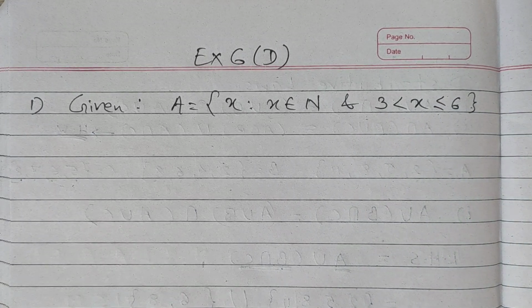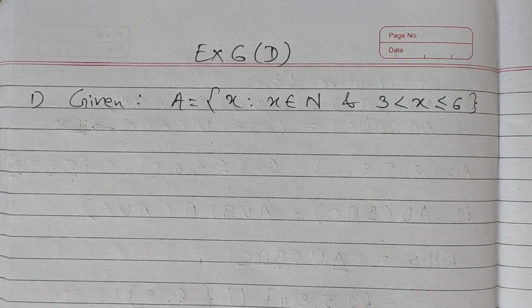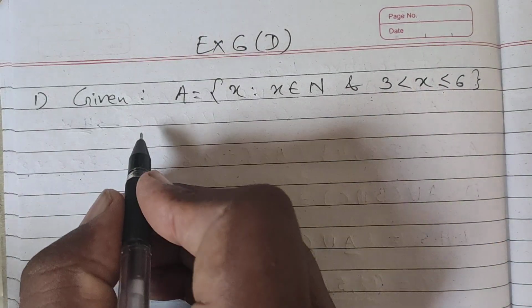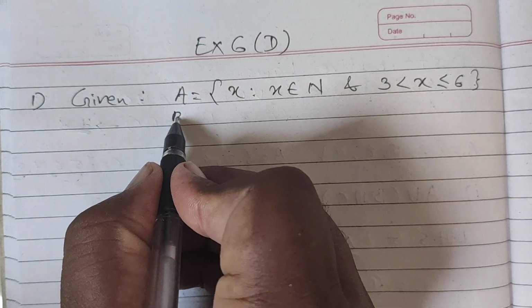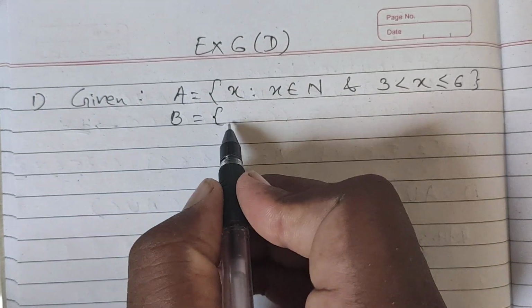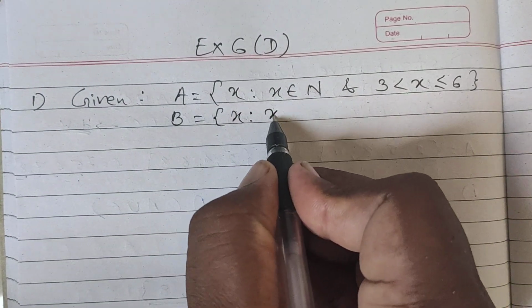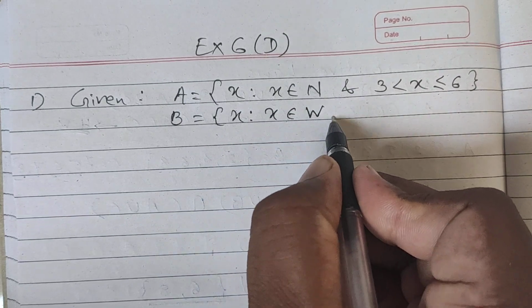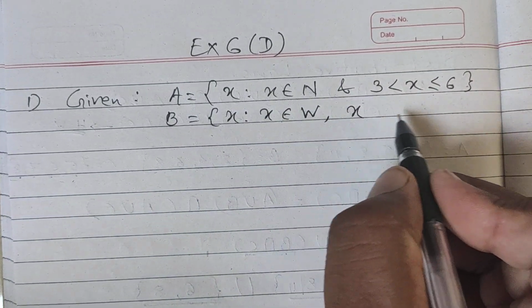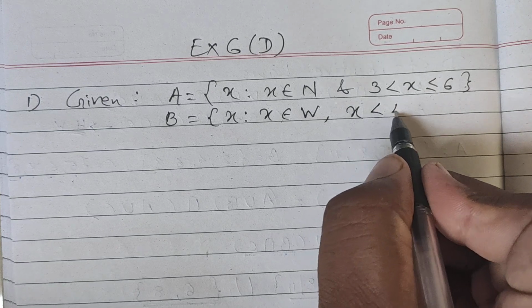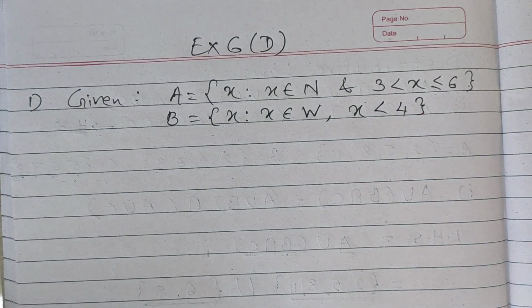This is the value of set A. Then set B is also there, and it is X such that X belongs to the whole numbers and the value of X is less than 4. This is set B.